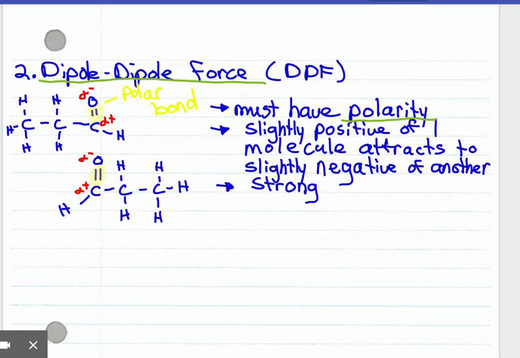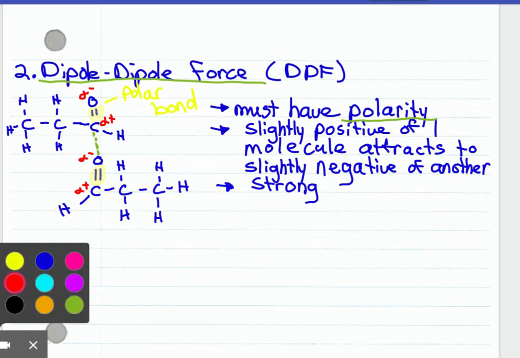So this oxygen ends up being attracted to this carbon, because it's an attraction between this negative and this positive.